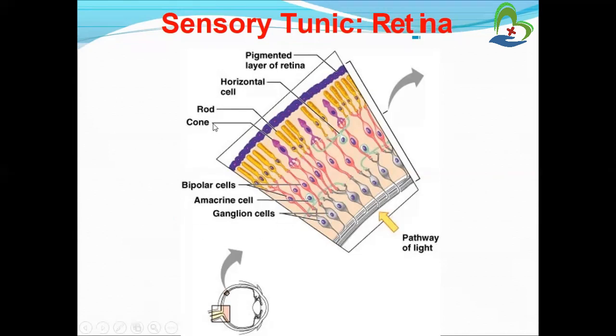Then photoreceptors are also included in the neural layer; in photoreceptors, cones and rods are included. We will learn in detail today. And this is the horizontal cell, and this is the pigmented layer of the retina on the anterior side. All the rest are included in the neural layer.